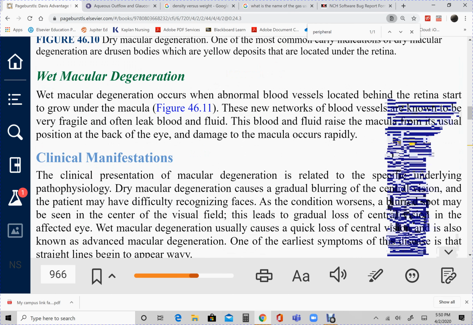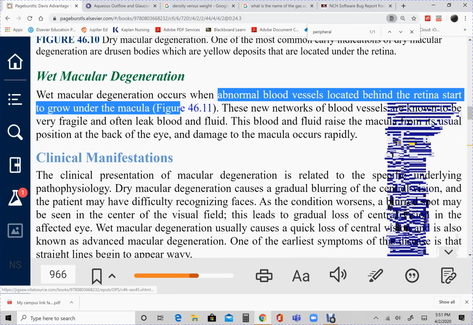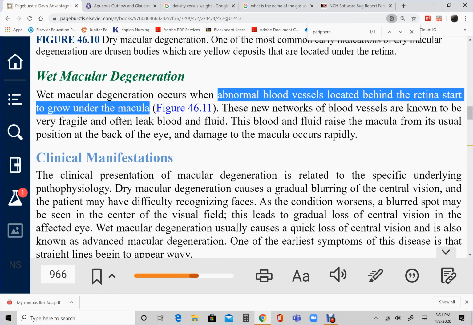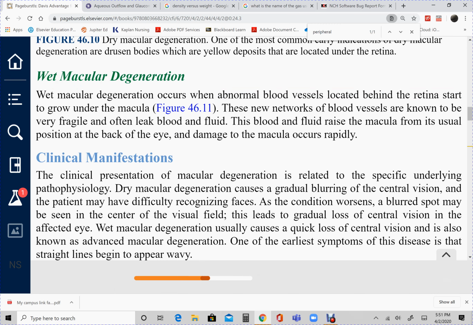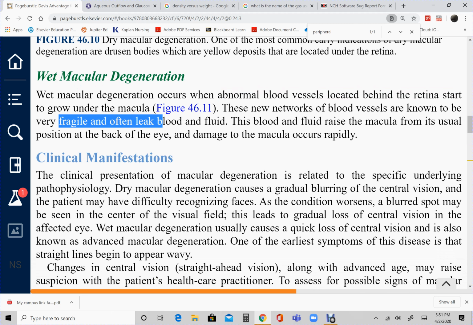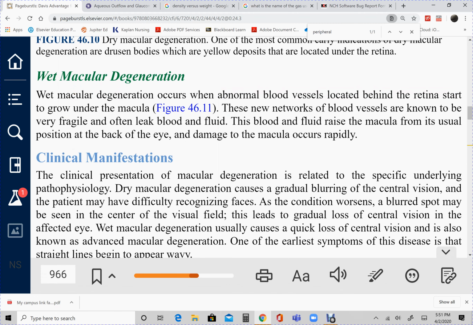So the wet type is caused by an abnormal growth of new blood vessels in the macula. The problem is these blood vessels are fragile and leaky. So this is now what causes the degeneration of the macula. There's poor blood supply now because not only are they fragile, but they're also leaky.